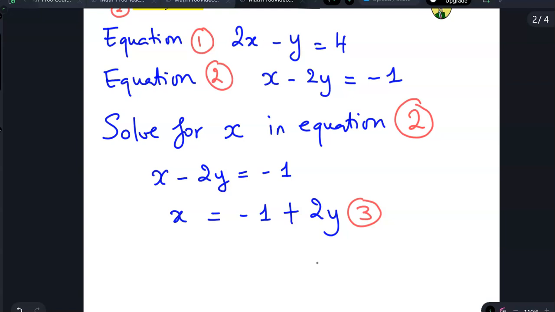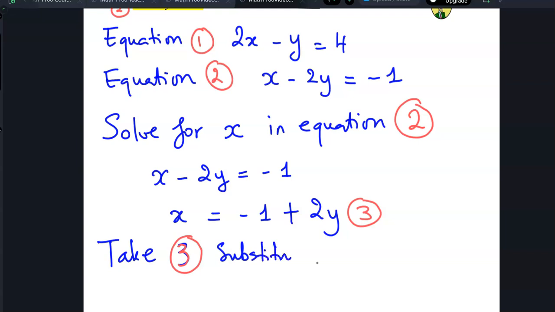So now I will take equation number 3, and I will substitute into equation number 1.